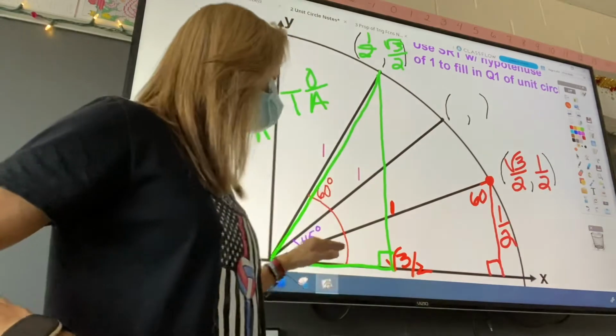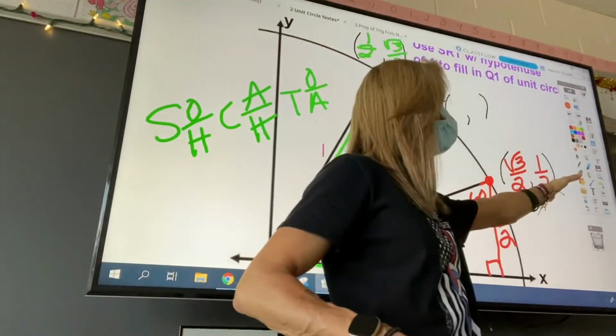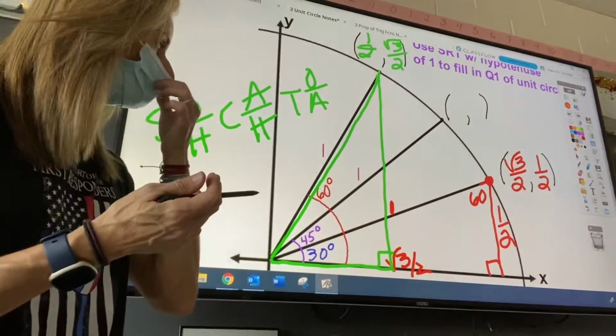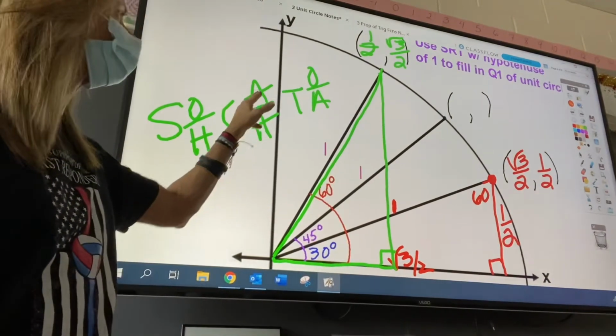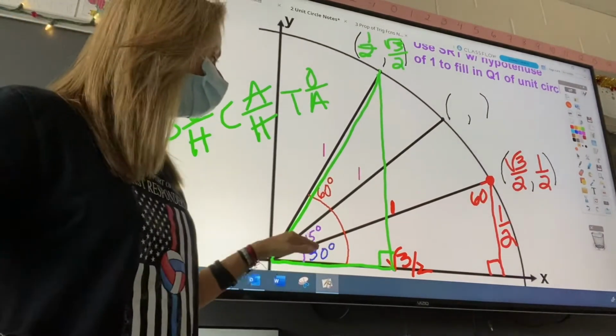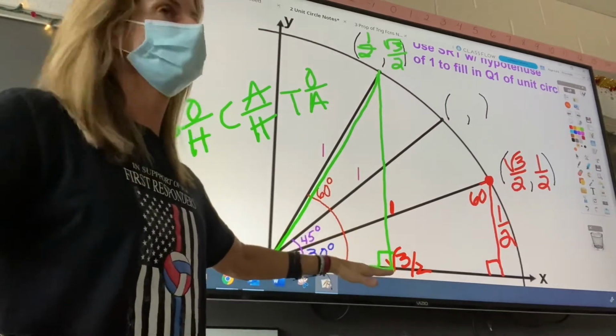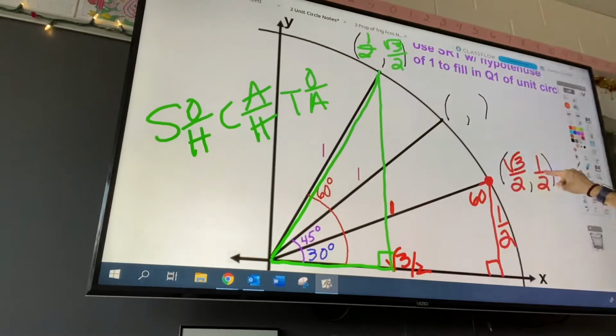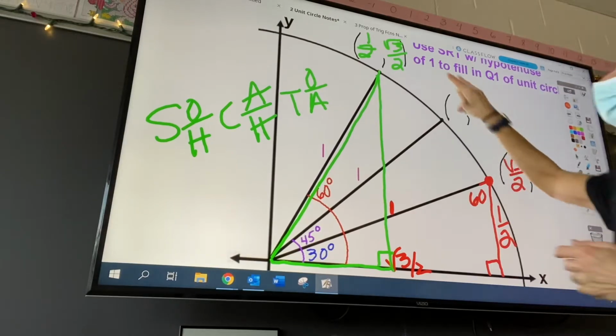So if I'm trying to find the sine of 30 degrees, we're going to use the y coordinate. If we're trying to find the cosine of whatever value, cosine is the adjacent over the hypotenuse. So that would be the x coordinate over the hypotenuse. So the y value is sine, and the x value is cosine, for all these.